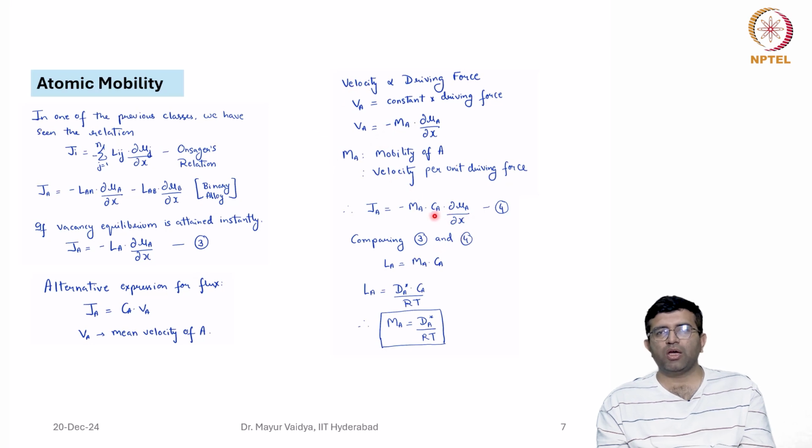So, if you compare this 3 and 4, this expression here and this expression here, then you can write La is equal to Ma into Ca, which can be written as La is equal to dA star by RT. So, the mobility term is actually equal to the dA star by RT. Here dA star means the tracer diffusion coefficient.